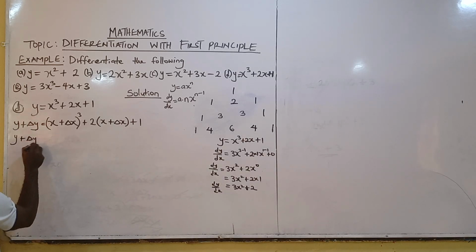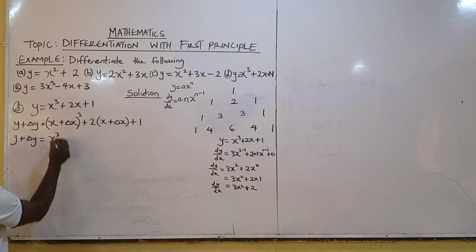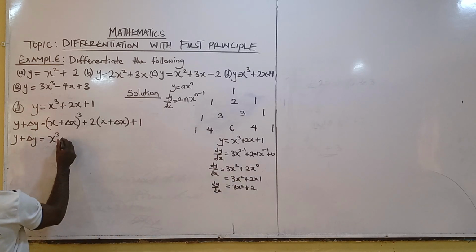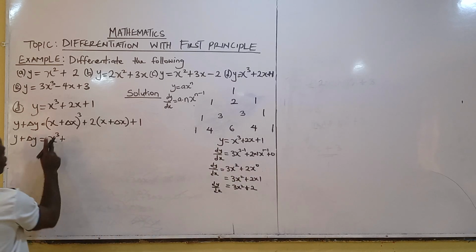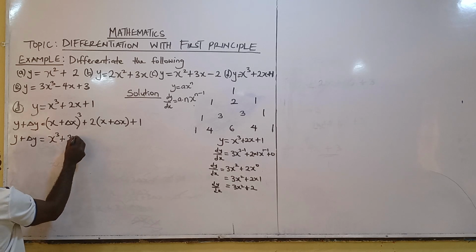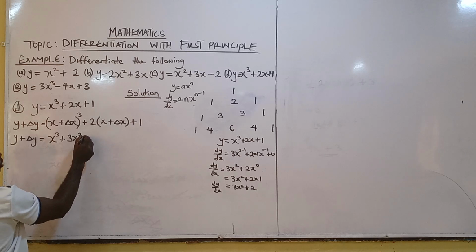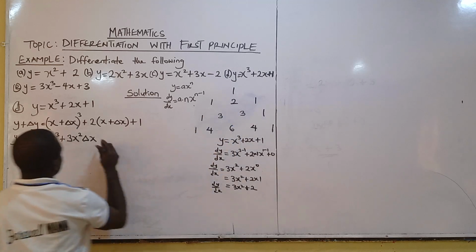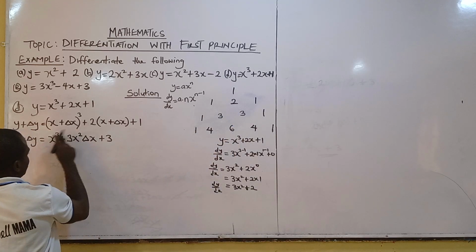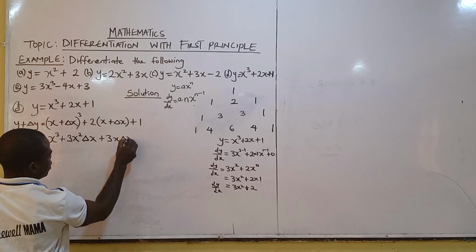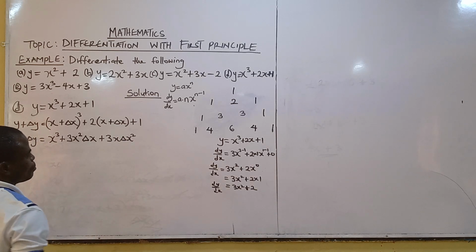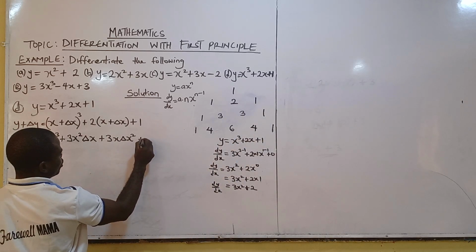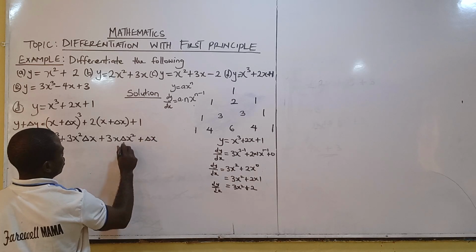y plus dy equals x raised to the power 3. You come to this, picking the third line because of the cube, plus, be very careful, it will reduce by 1. That's 3x squared dx, followed by the next one, plus 3, from 3 to 2, from 2 to 1, 3x dx squared, plus this x will not be there again, you are having plus dx cubed.